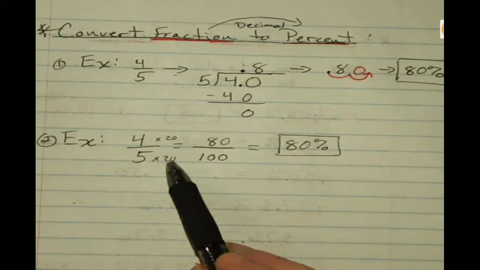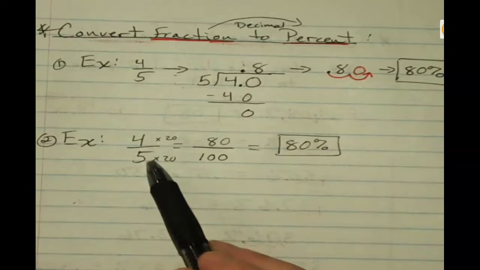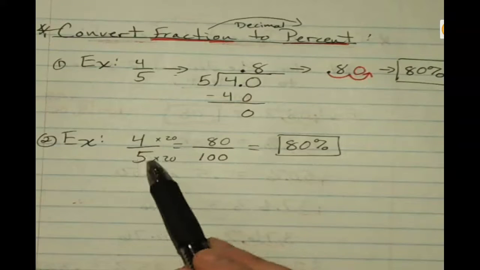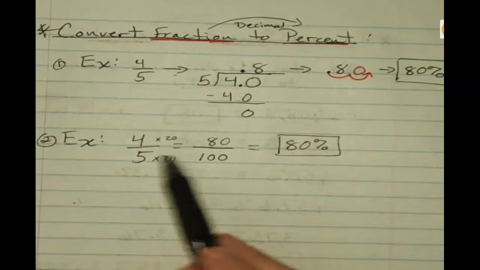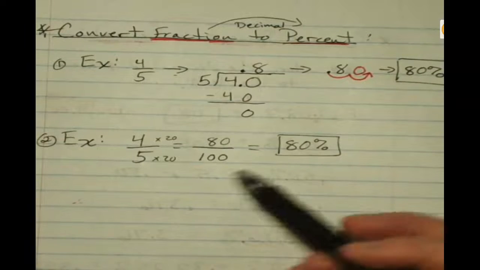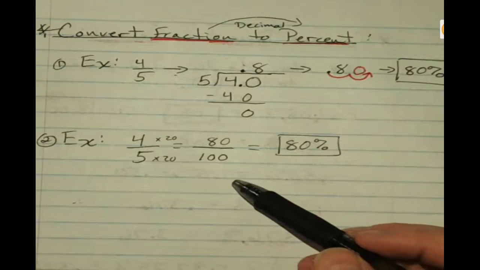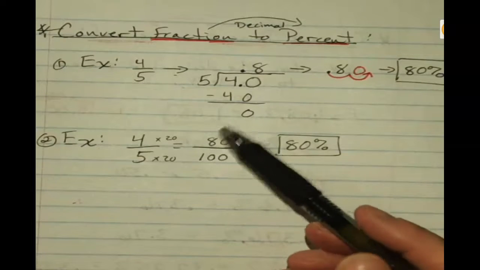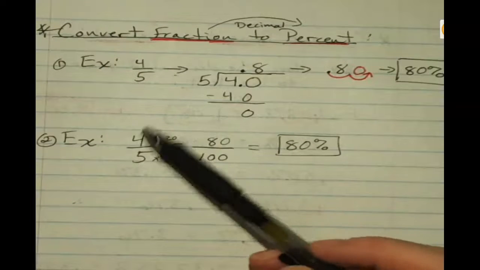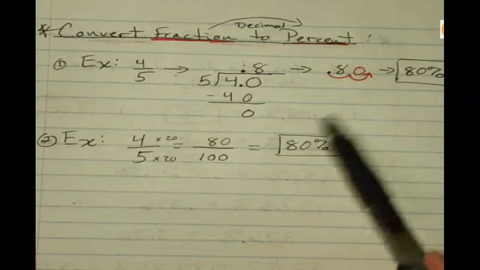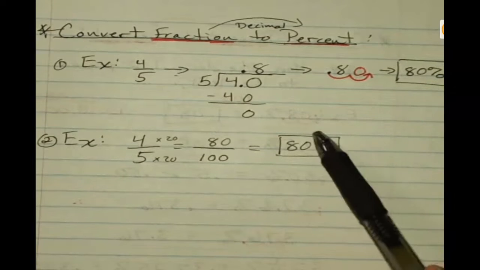So if you're on your quiz or test or whatever, and you're like, okay, I need to change it to a percent. Oh yeah, the denominator can go evenly into 100. Boom, boom, you're done. But also, like a lot of you did last time for your test, reworked and reworked those problems, and it paid out. So you could do it this way, and then if you had time, go back and do it this way to see if you get the same answer.